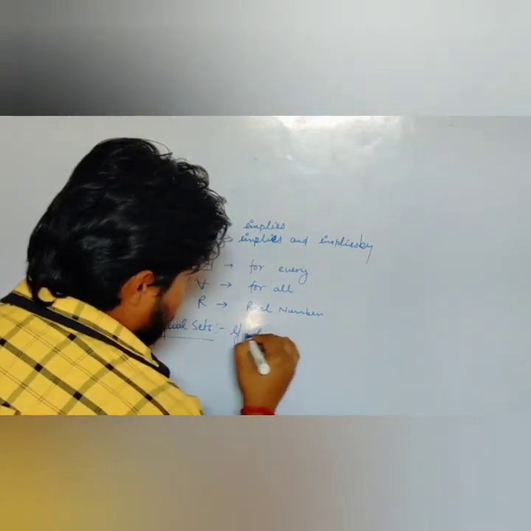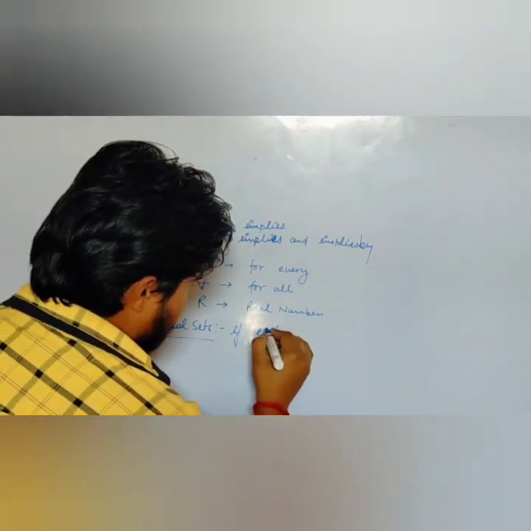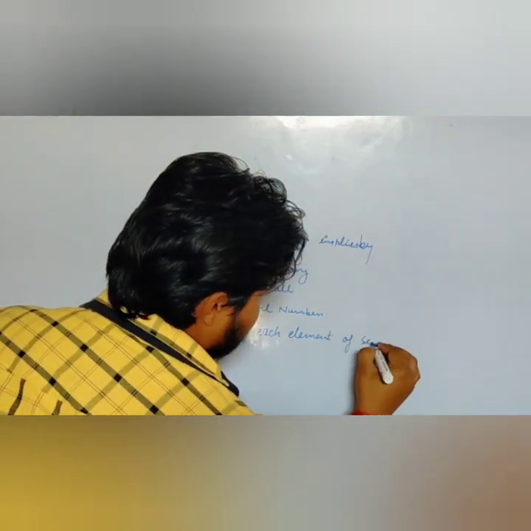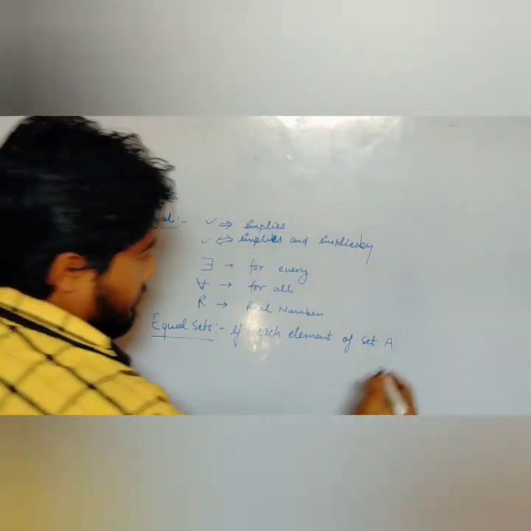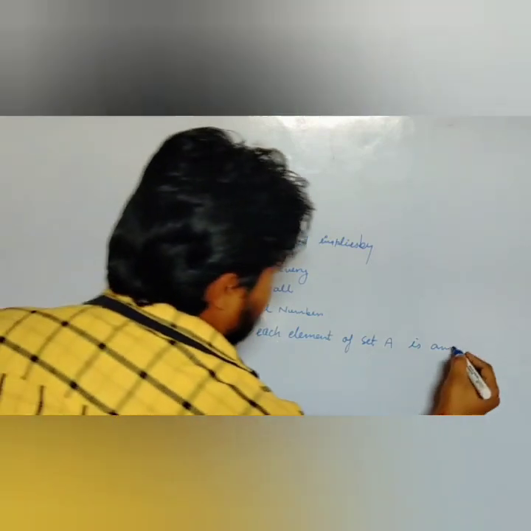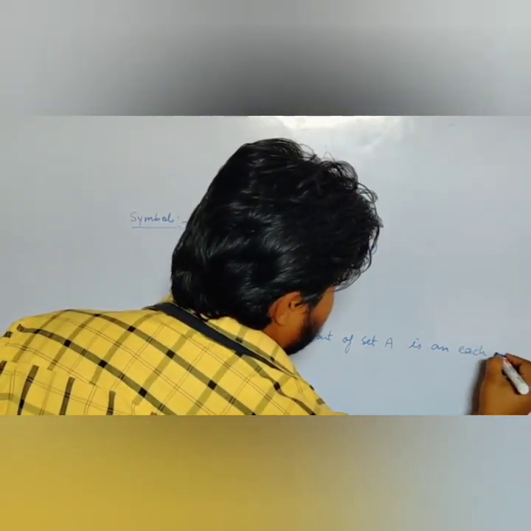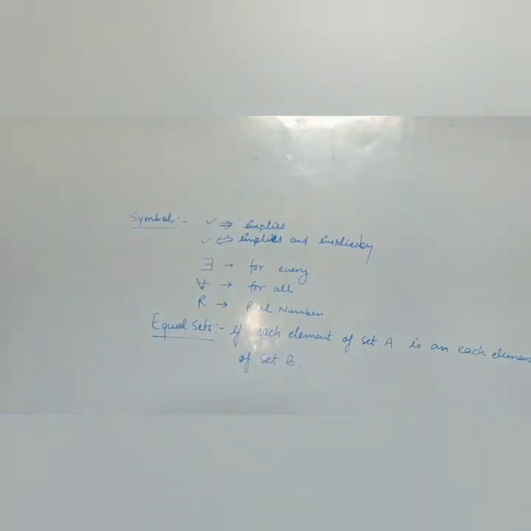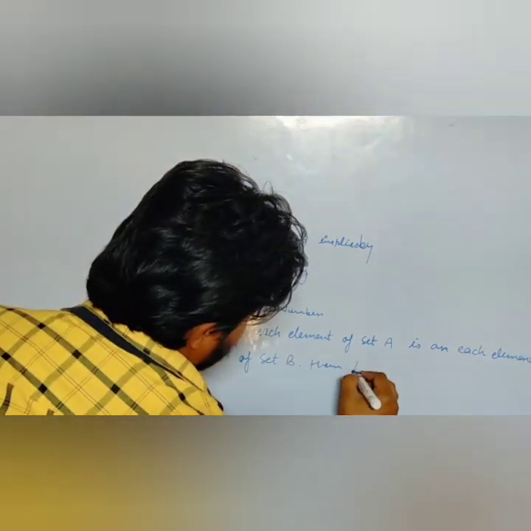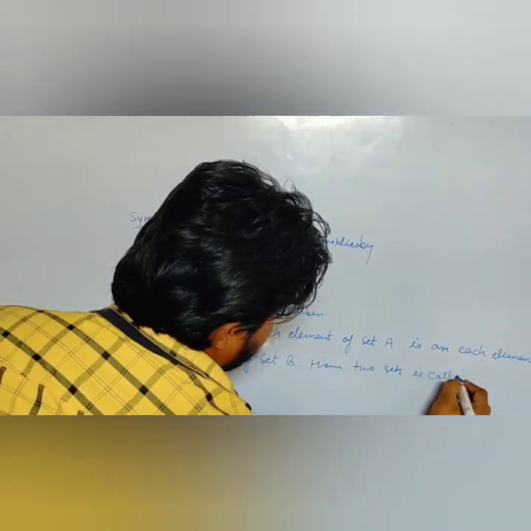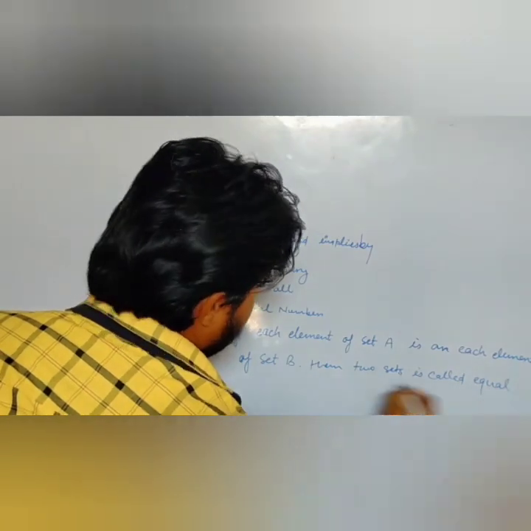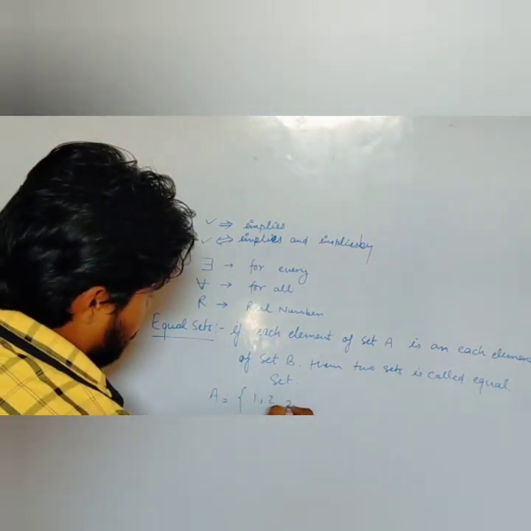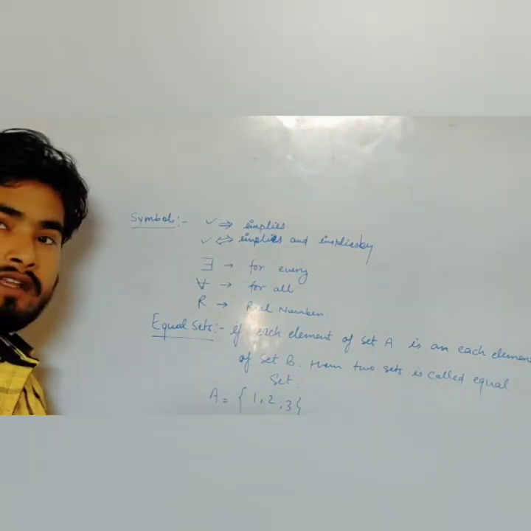If each element of set A is in set B, and each element of set B is in set A, then the two sets are called equal sets. For example, suppose we have a set A with 1, 2, 3, three elements.